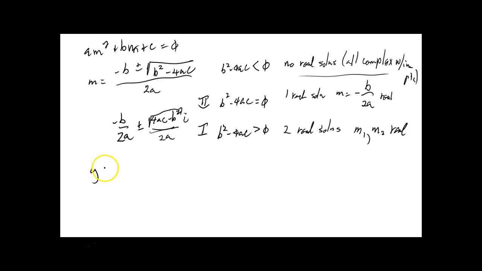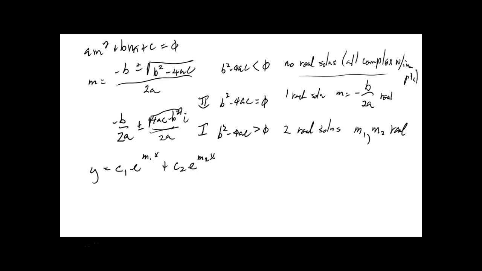It would be y is equal to C1, your arbitrary coefficient, e to the m1x, where m1 is one of these solutions, plus C2 e to the m2x, where there's your second real solution. C1 and C2, arbitrary coefficients.